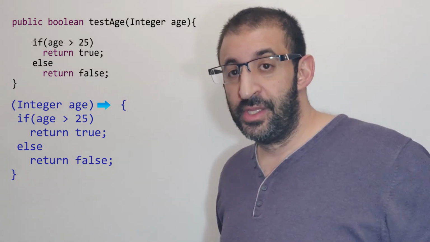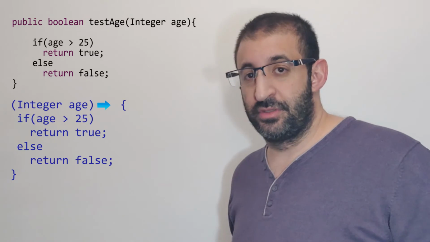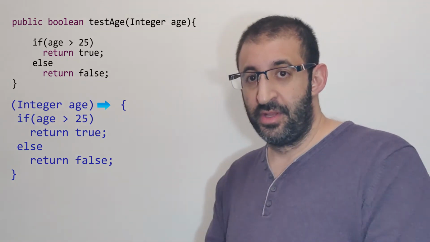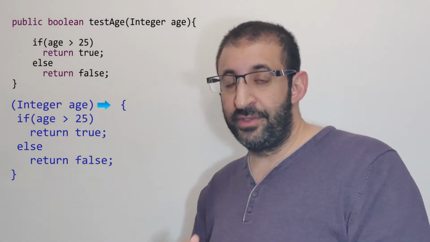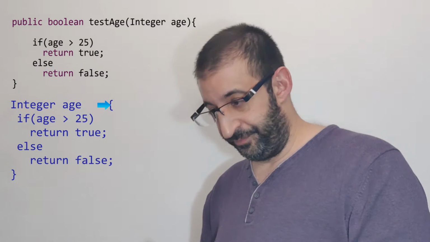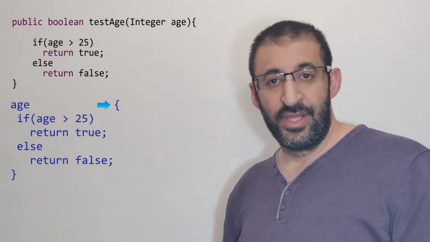Now we can also make a smaller lambda expression. You can apply other rules. For example, we have only one argument, so we can remove the parentheses around integer age, and the compiler can guess the type of our argument, so we can remove integer also. This is our lambda expression.